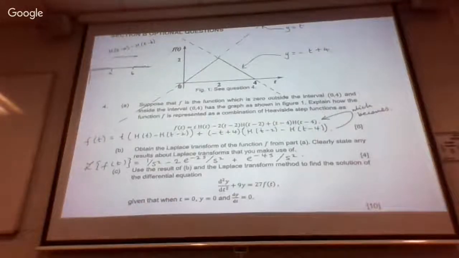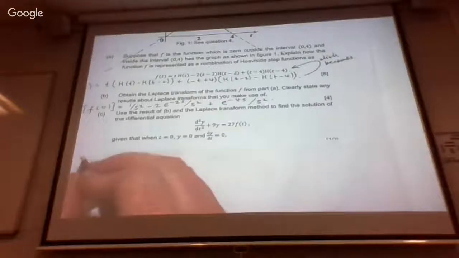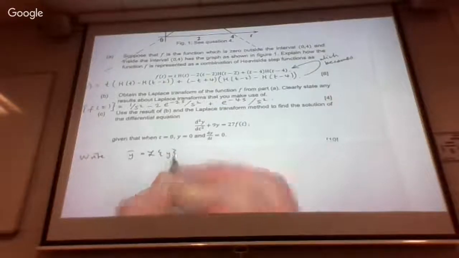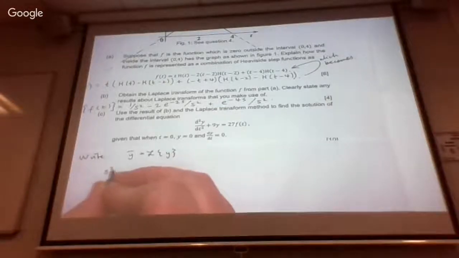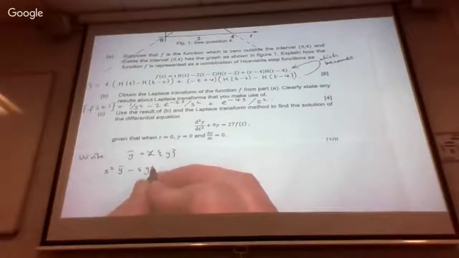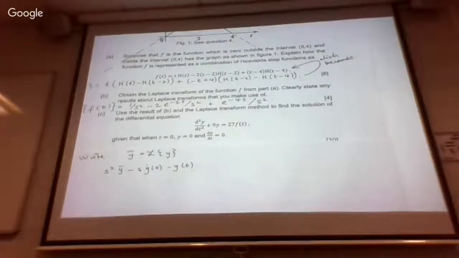So let's look at how our equation would look when we begin to solve it. We transform both sides, again using linearity and the transform of derivatives properties. Again, we'll write y bar for the transform of y. So what we'll have here is s squared y bar minus s times the first derivative value, minus the value of y.